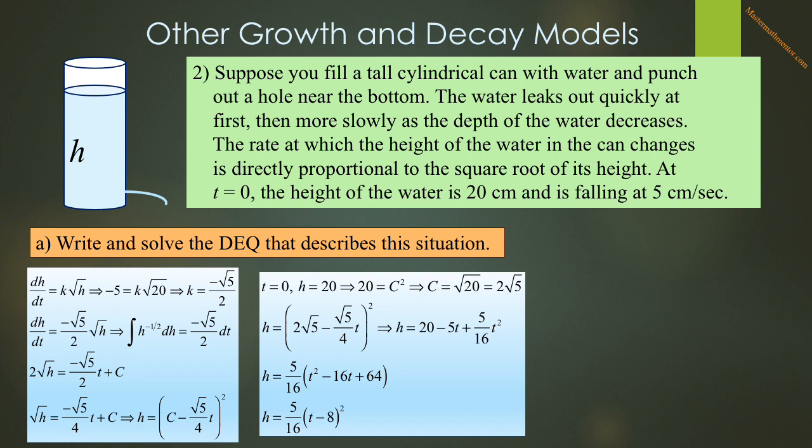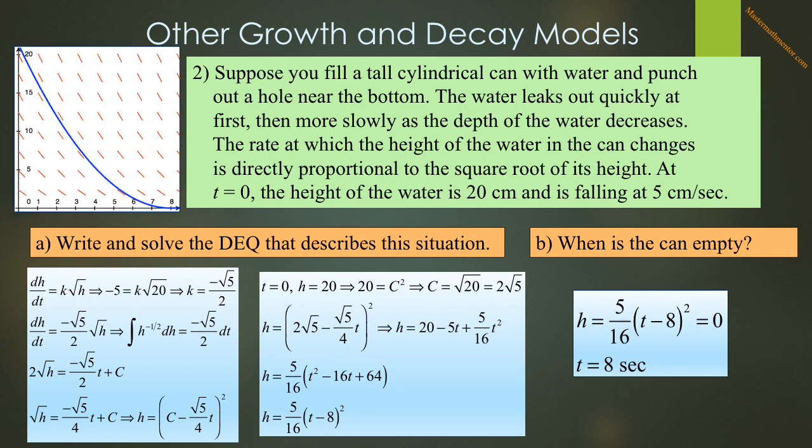And when we expand that expression, we get h is equal to 20 minus 5t plus 5/16 t squared. We could factor out the 5/16 and write that as h is equal to 5/16 times the quantity t squared minus 16t plus 64, and therefore h is equal to 5/16 times the quantity t minus 8, quantity squared.